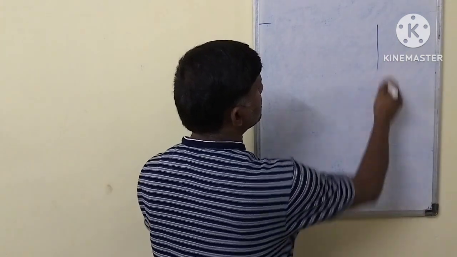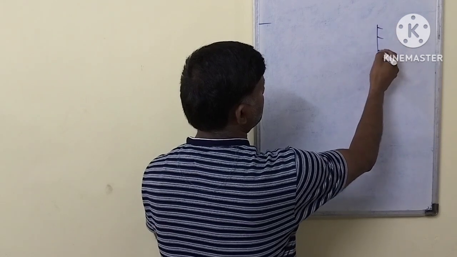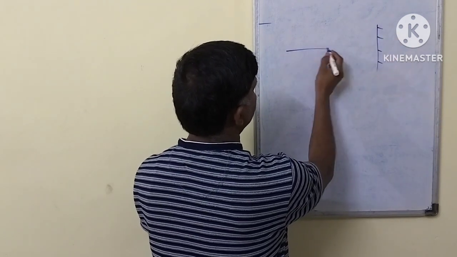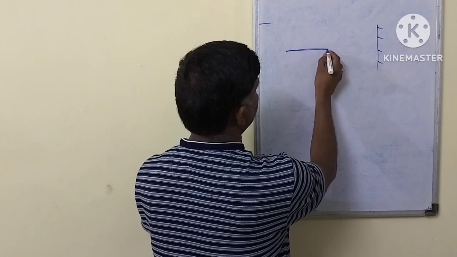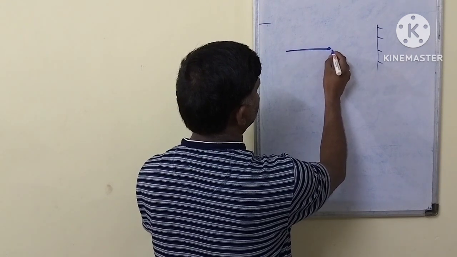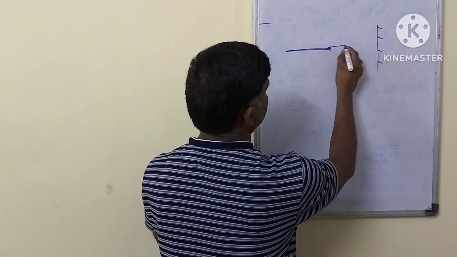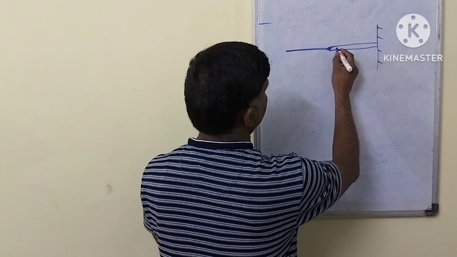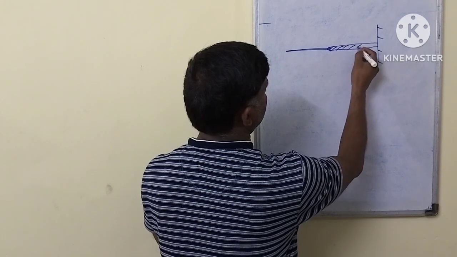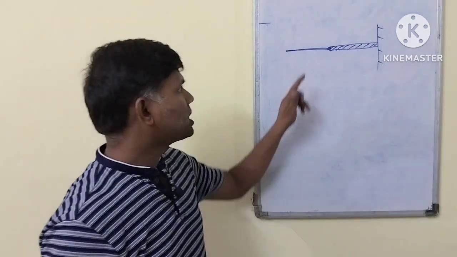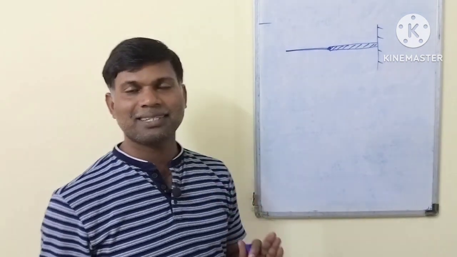This is a wall. Here two strings are there. This is string 1. This is the joint. This is string 2. String 1 is the lighter string.